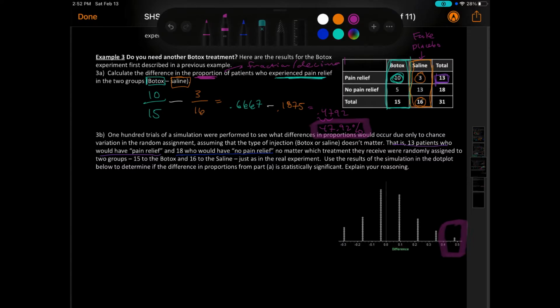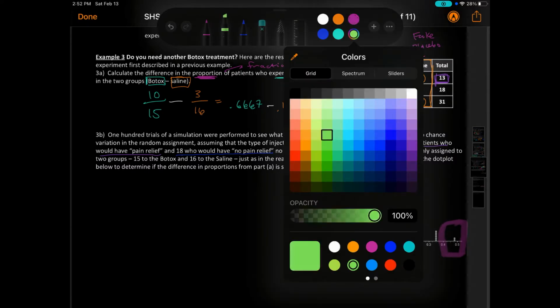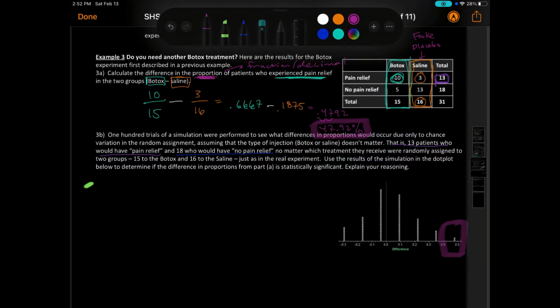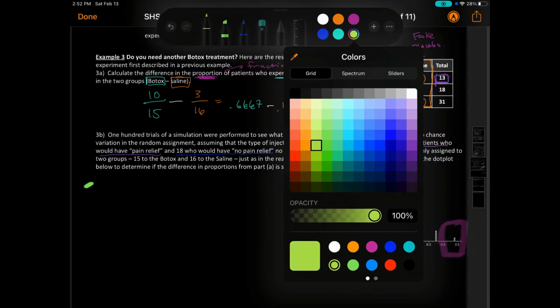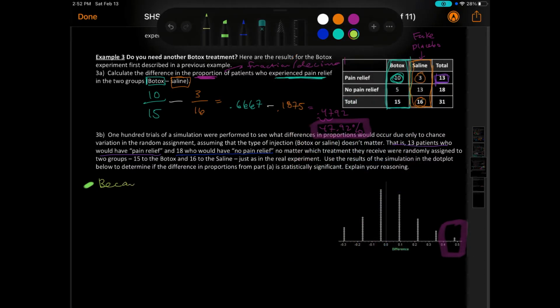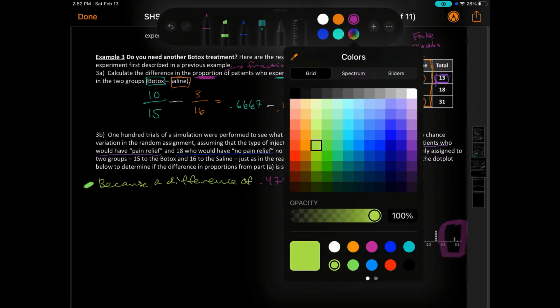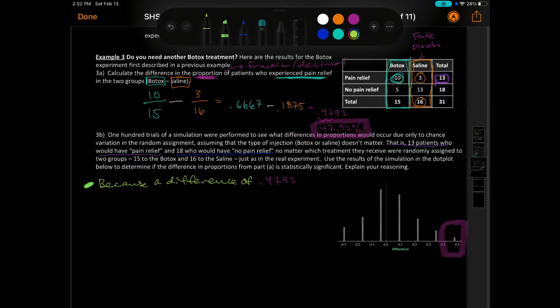So let's write our findings. Because a difference of 0.4792 or higher occurred how many times?